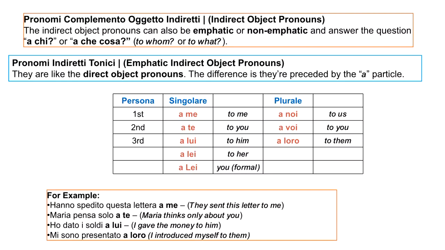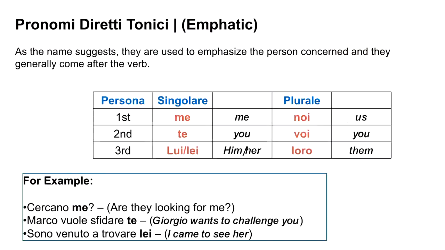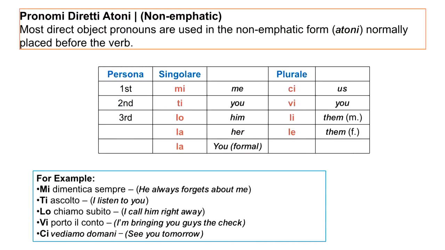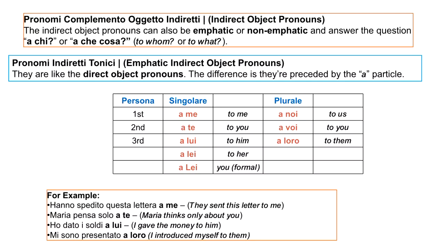So instead of ho dato i soldi a lui, I would have to say gli ho dato i soldi. Okay? Gli ho dato i soldi. Mi sono presentato a loro. I introduced myself to them. Okay?